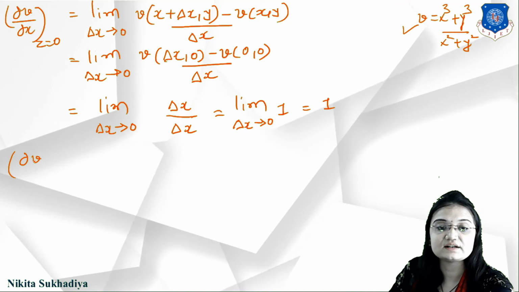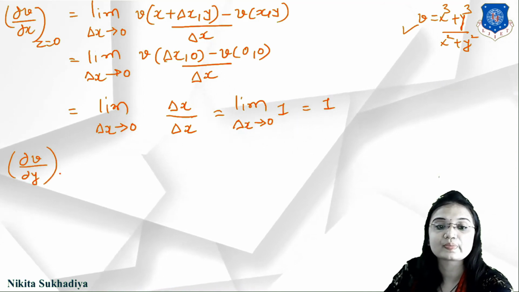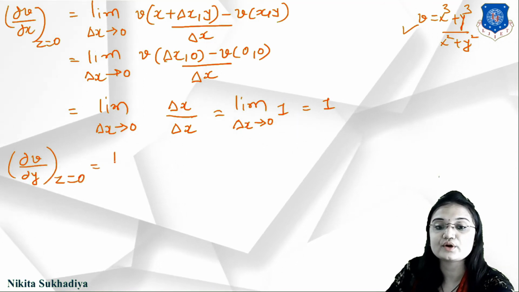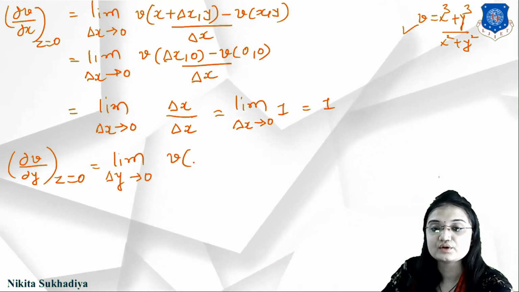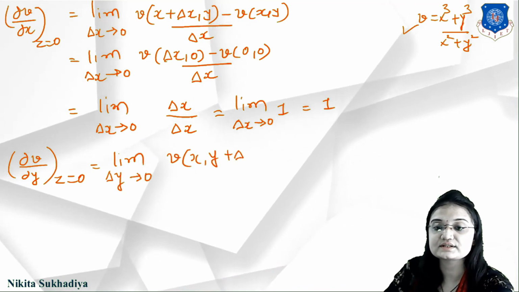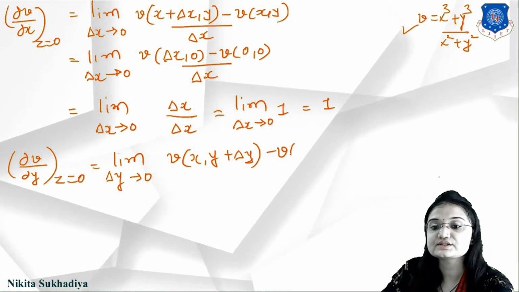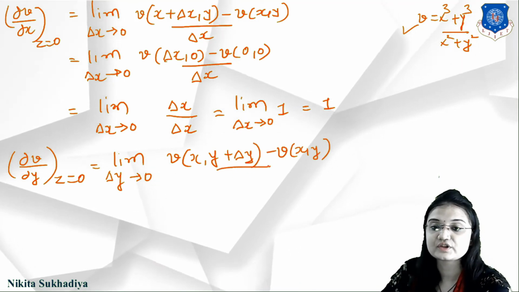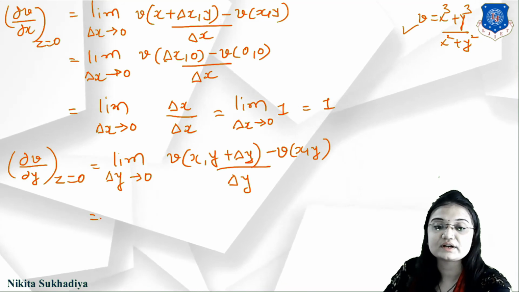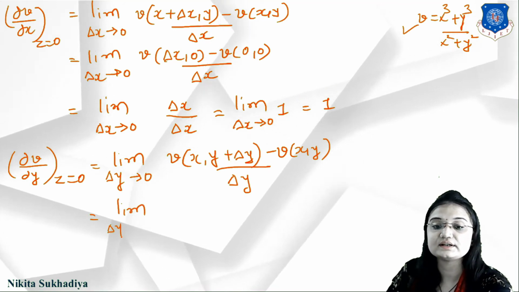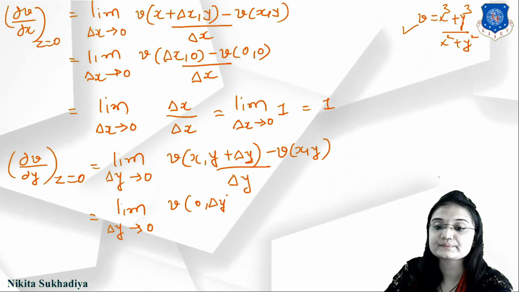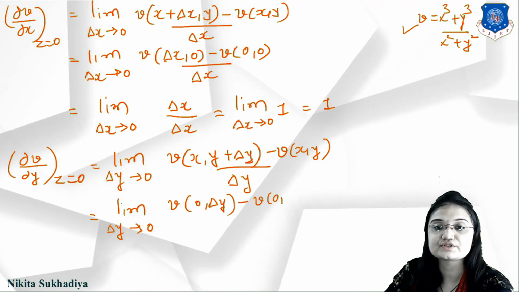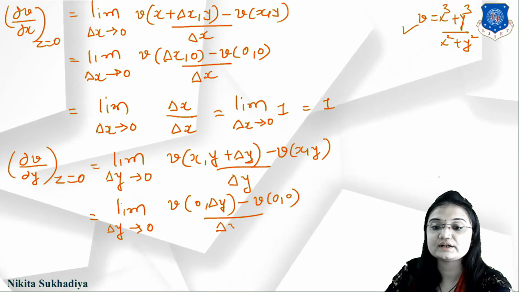Now next is del v by del y at the z is equal to 0 point. So this will become limit Δy tends to 0, v(x, y+Δy) minus v(x, y) upon Δy. But at the origin this will become limit Δy tends to 0, v(0, Δy) minus v(0, 0) upon Δy.